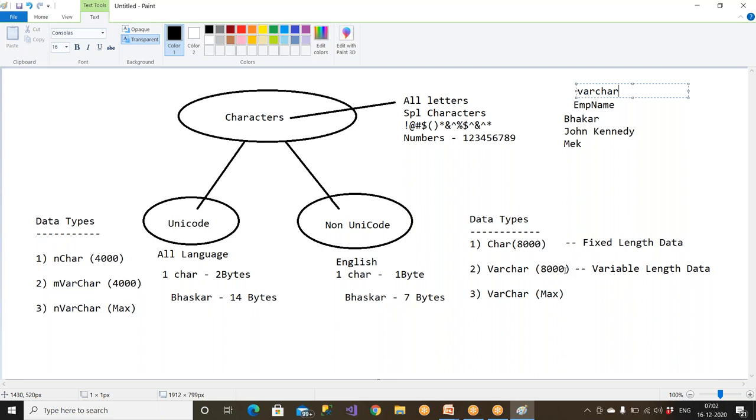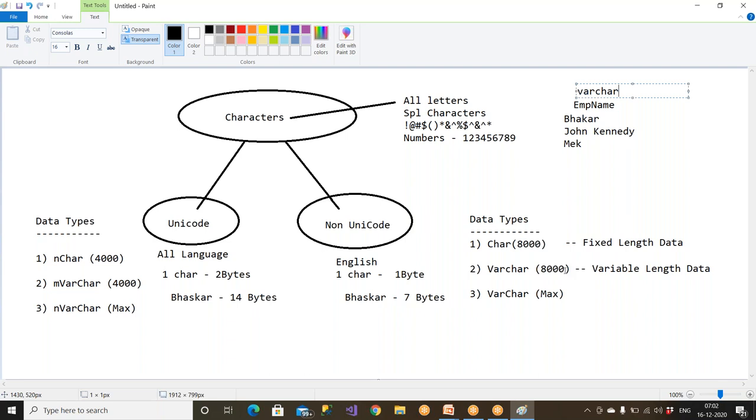Or if you want to ship that item elsewhere, a lorry has a size, right? If your item is larger than the lorry size, what happens? You need to cut the item into 2 parts. Half of the item goes in lorry number 1 and half in lorry number 2, and you ship it. Clear? So you can store data of not more than 8 kilobytes.